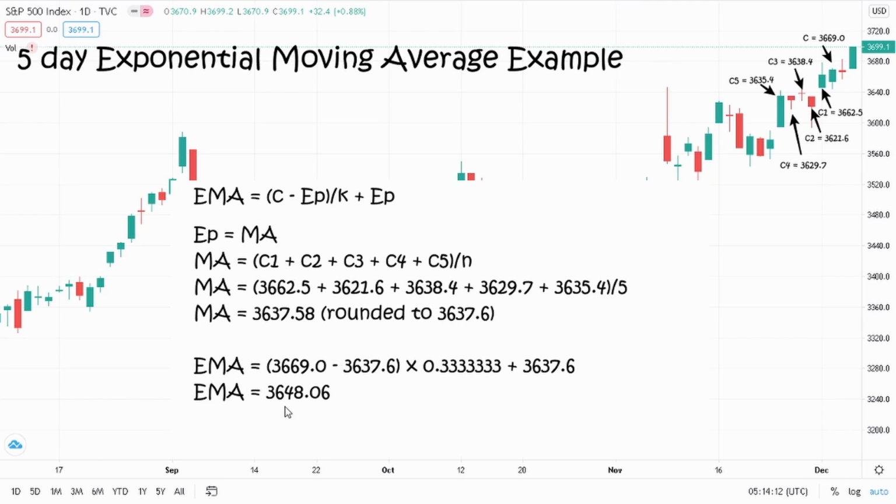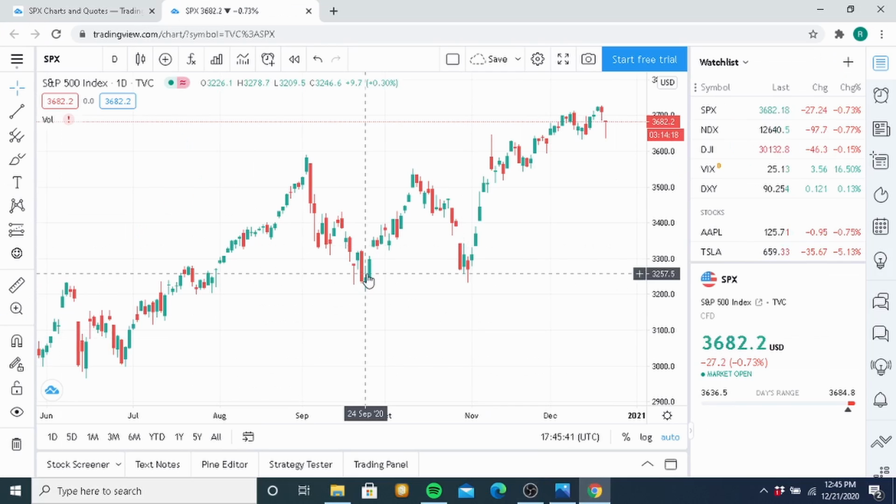We get $3,648.06, which is fairly close to the number that we got when we used the previous period's exponential moving average. Obviously, it's going to be a little different because there are different numbers that we're using, but the previous period we got was $3,645.13.